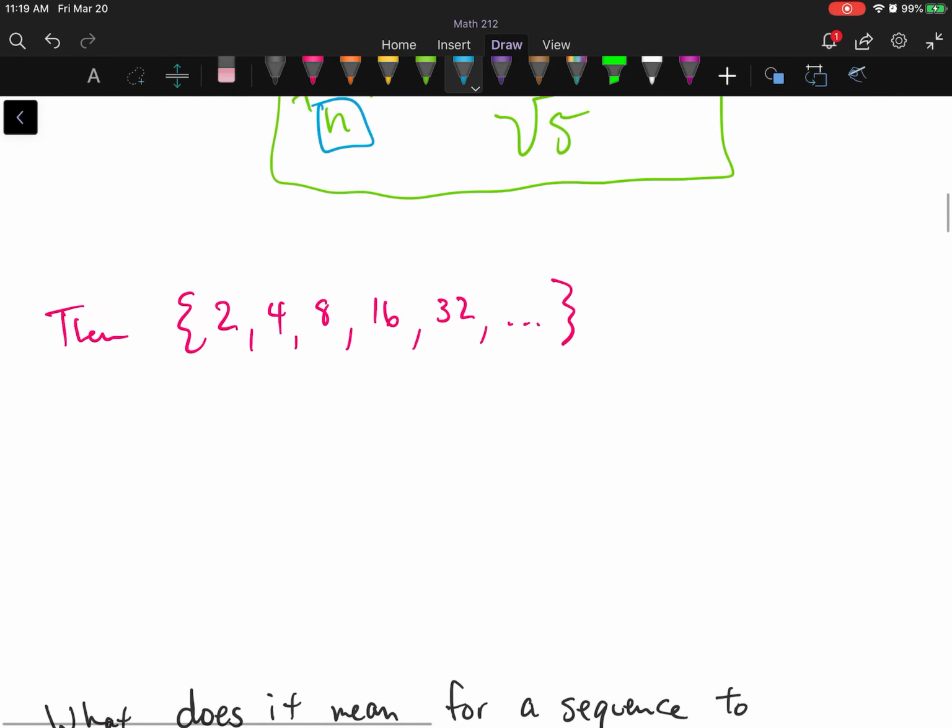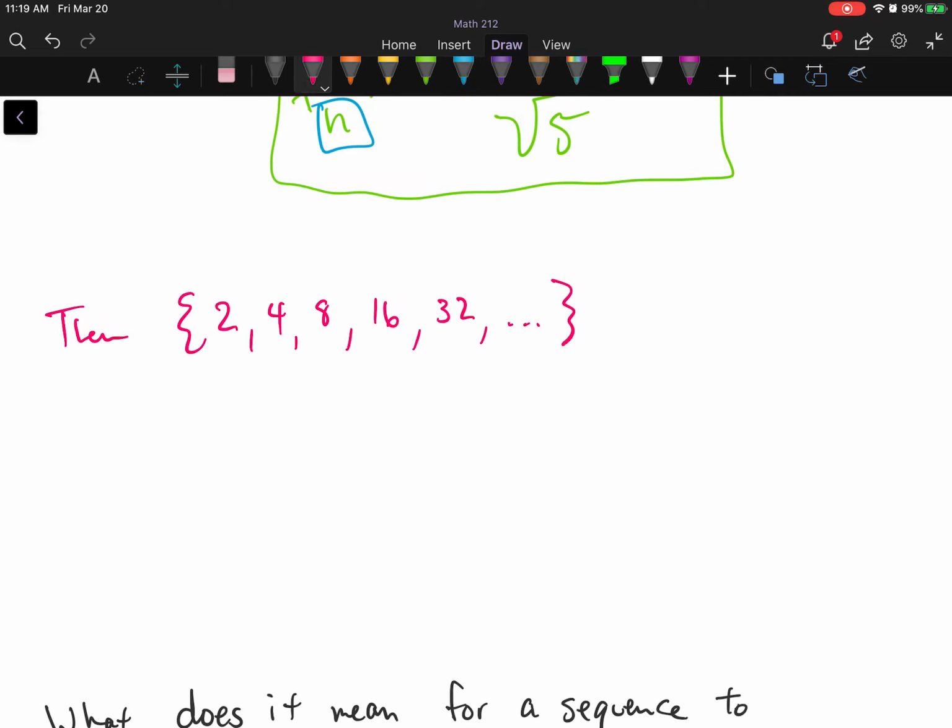Okay, now we can take a look at this next sequence, and I would like to think about what would be a recursive formula for this sequence, what would be an explicit formula for this sequence, and try to get those down before we move on.